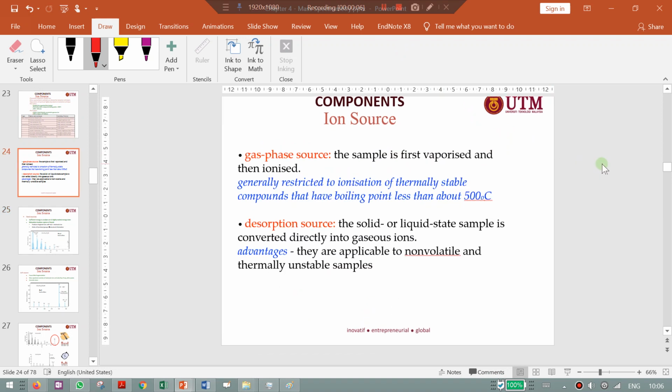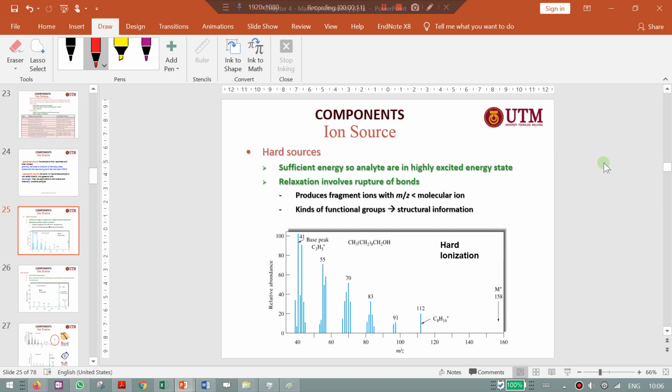Other than differentiating between the gas phase source and the desorption source, we can also classify our ion sources into hard sources and soft sources. As the names suggest, a hard source involves a sufficient amount of energy so that the compound is excited to a higher energy state.